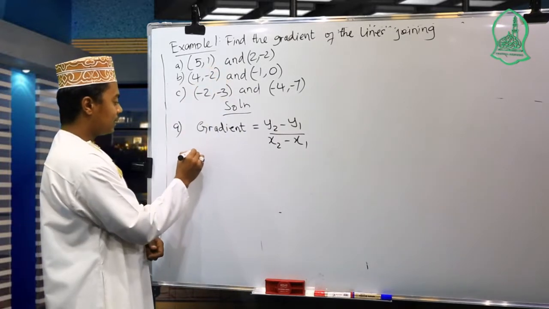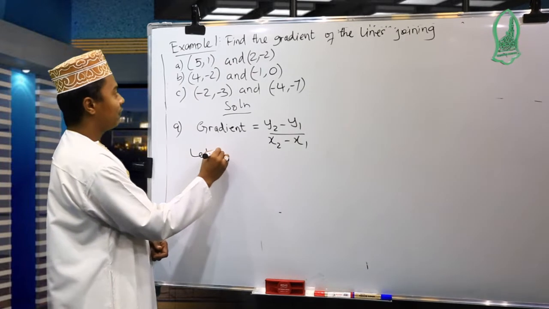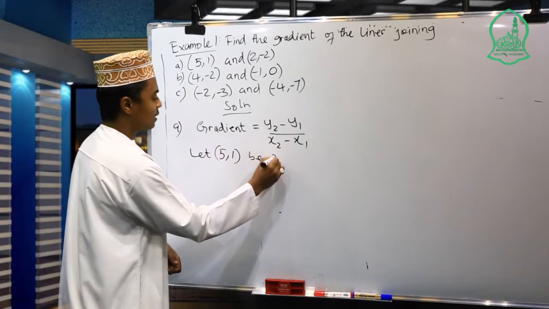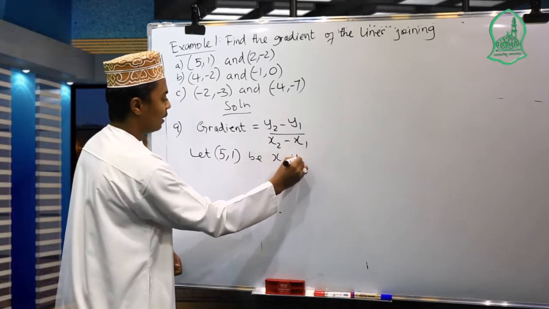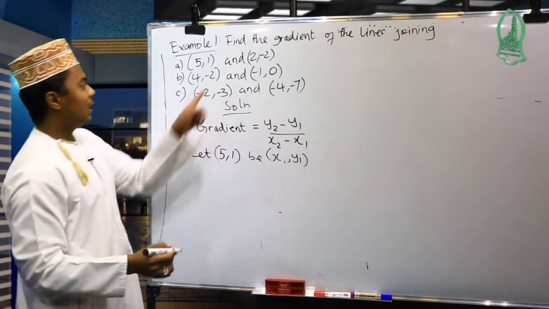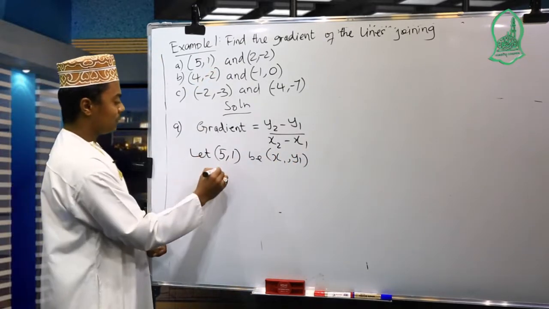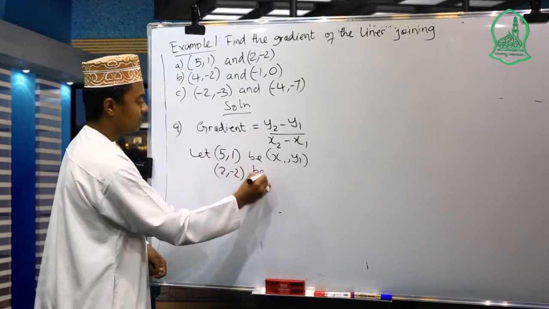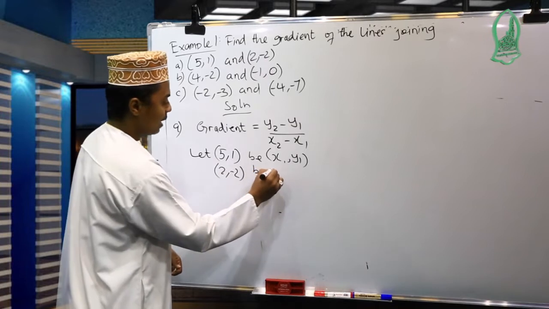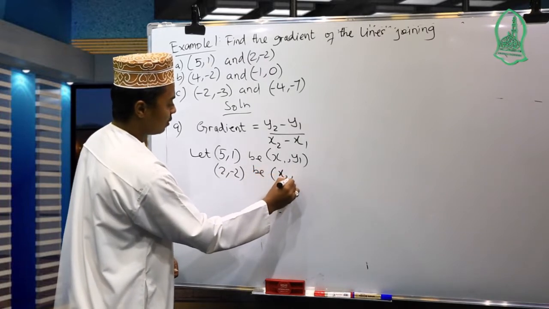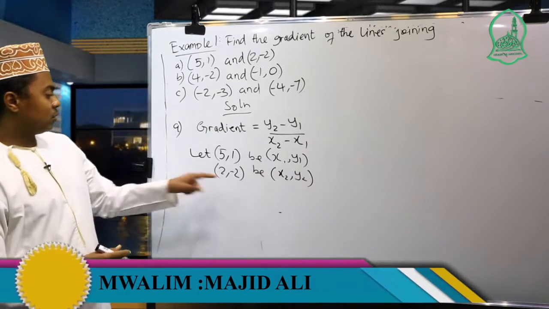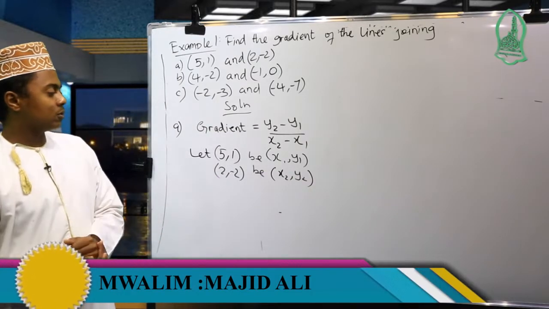So let 5, 1 be x1, y1, and this one, the second point, 2, negative 2, let it be x2, y2.